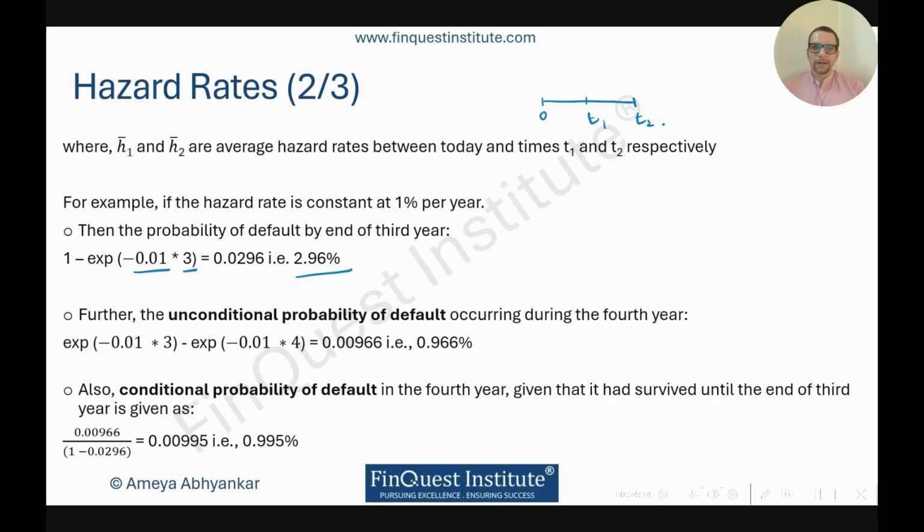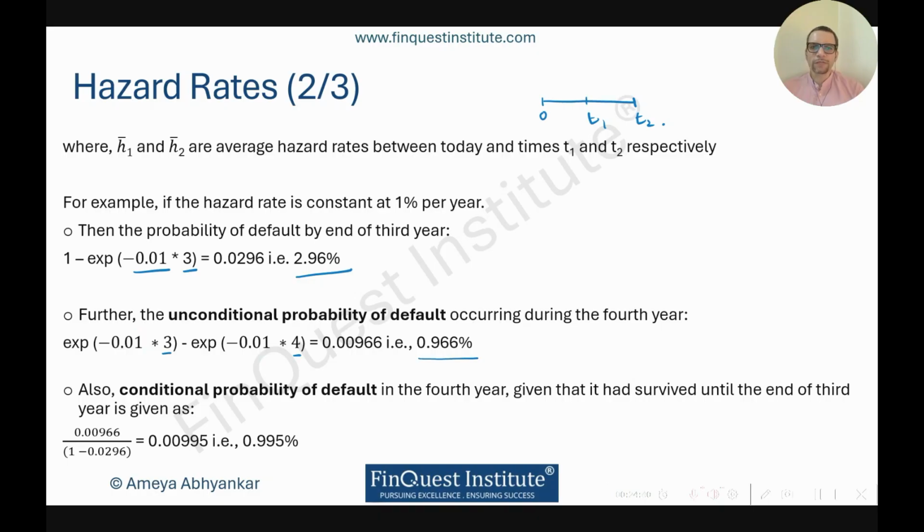Now, for the unconditional probability of default occurring during the fourth year, recollect a similar calculation which we had done on the table on the earlier slide. We take a difference, isn't it? So it's e raised to minus h bar t, with the hazard rate of 1% constant, but with 3 and 4. That comes out to be 0.966%.